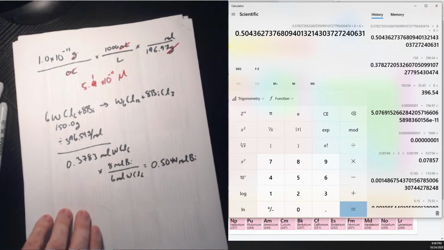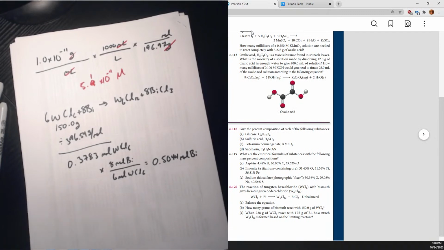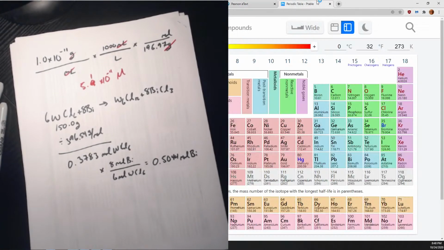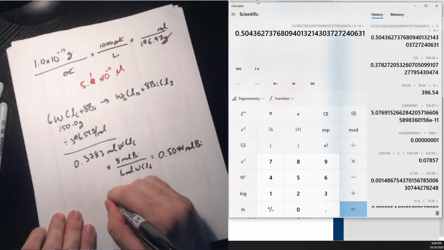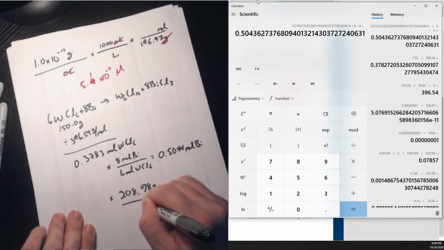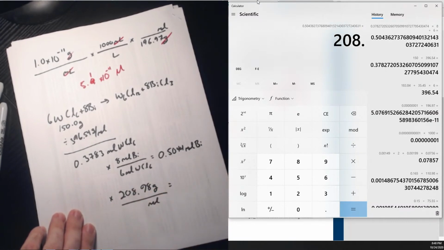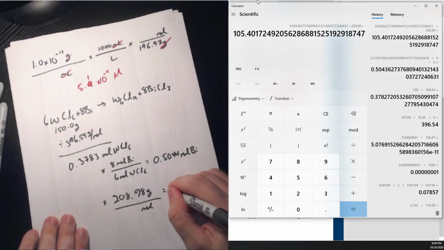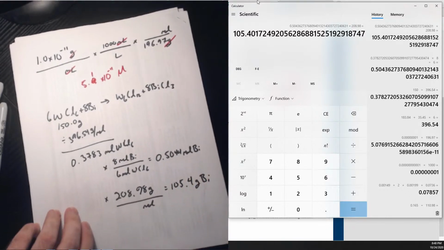And I'm pretty sure they asked for grams, yeah? Yes. So now we need the molar mass of our bismuth. 208.98. So times 208.98 grams per mole is 105.4 grams of bismuth.